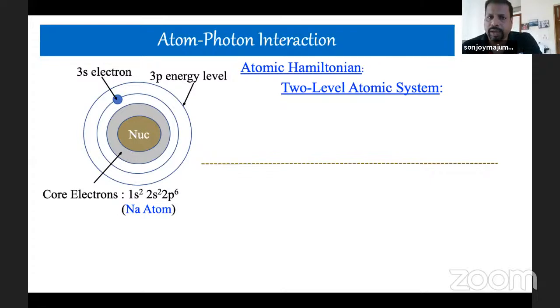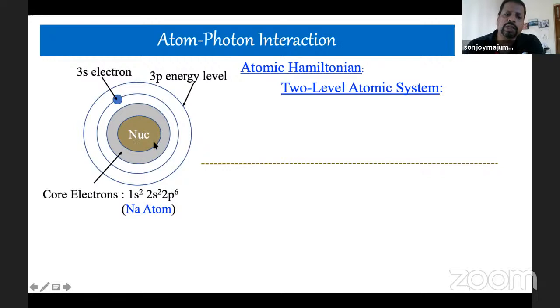interact. And as you understand, the space we are talking about is very, very small, where you can think about an atom or molecule, at maximum quantum dots, that can fit in. So to think about the interactions, we need to know a little bit of the electronic structure of atoms, which I discussed at the end of yesterday's class. If you remember, we had the example of the sodium atom.